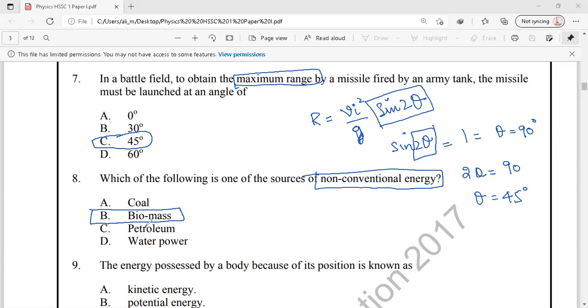Coal, petroleum and hydro power are conventional sources of energy, which are not replenished in a short period of time. So the correct answer for question number 8 is option B.